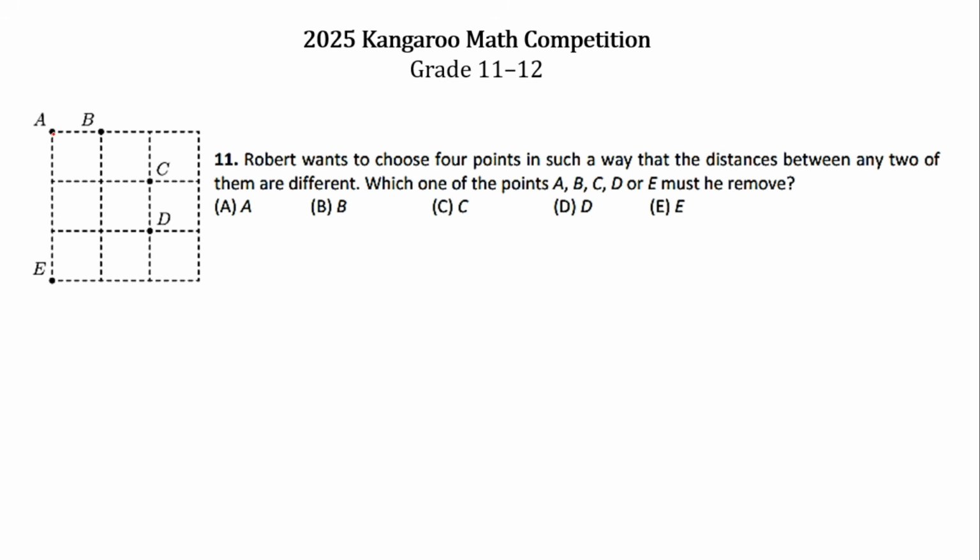So we have the segment AE, AB, BC, CD, ED, and then BD, BE. We also have AD, AC. What else? We also have EC.